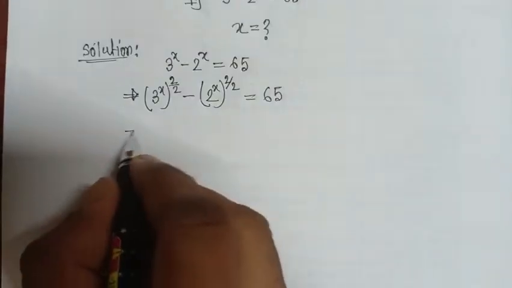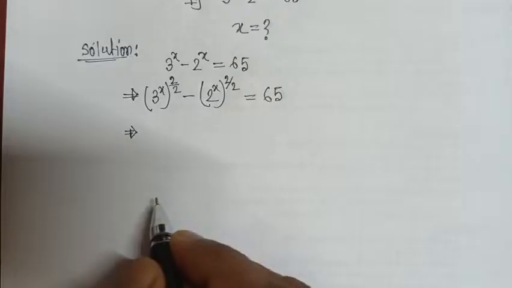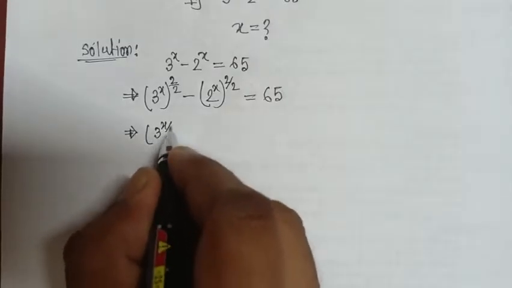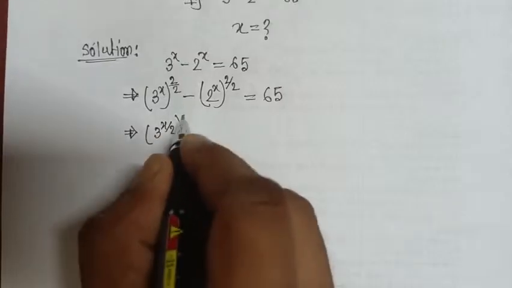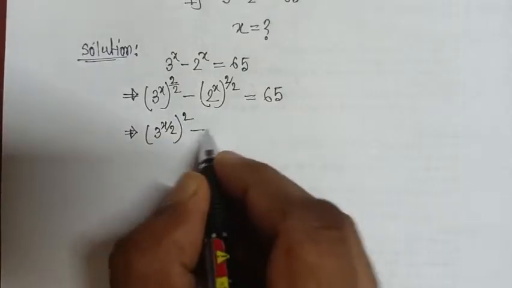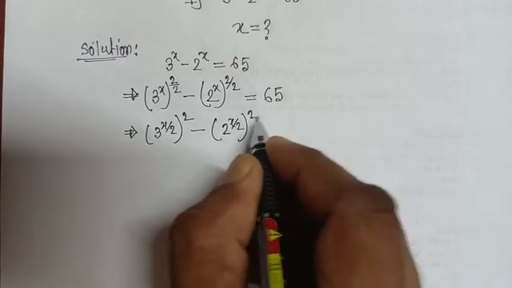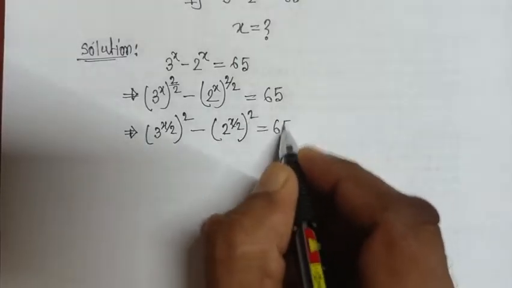Now you can write the expression as (3 to the power x by 2) to the power 2 minus (2 to the power x by 2) square is equal to 65.